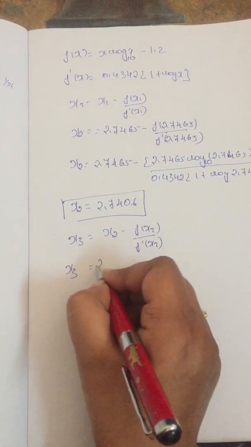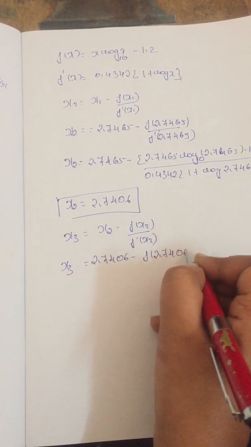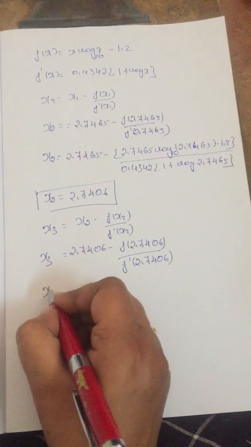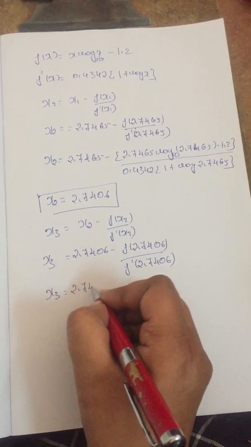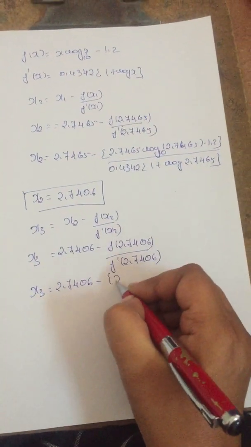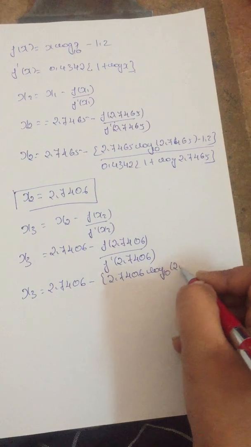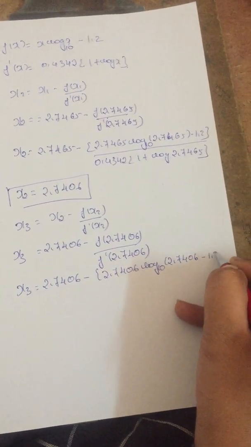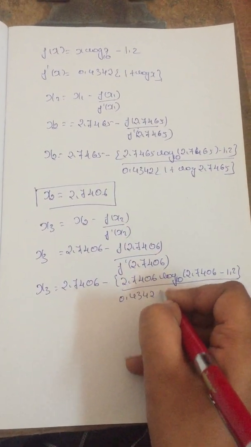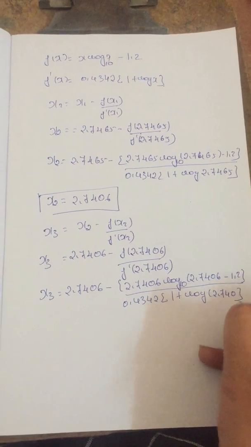Substituting x2 as 2.7406, x3 is 2.7406 minus f of 2.7406 divided by f dash of 2.7406. f of 2.7406 is 2.7406 into log base 10 of 2.7406 minus 1.2, divided by 0.4342 into 1 plus log of 2.7406.